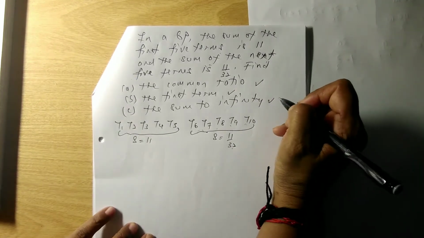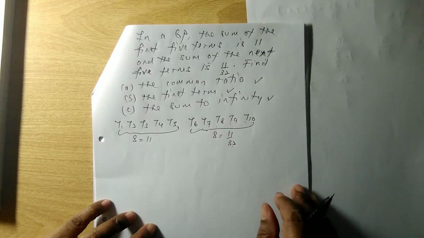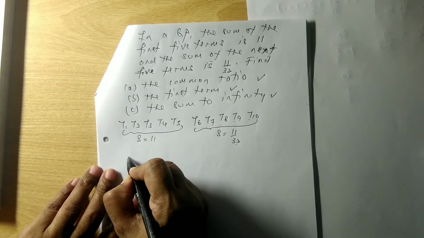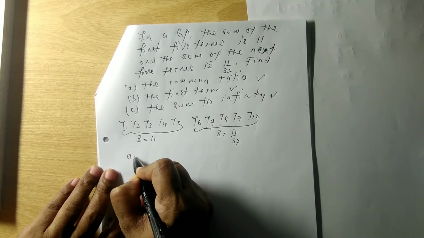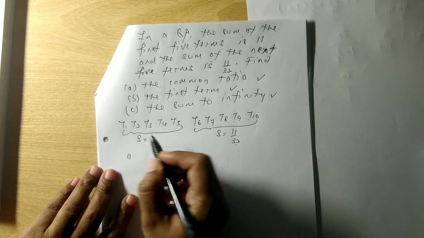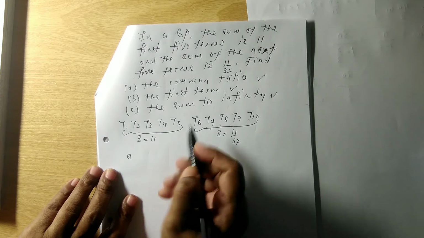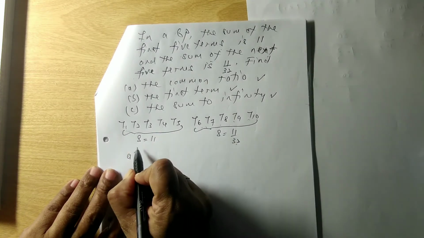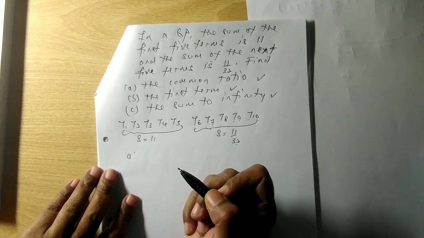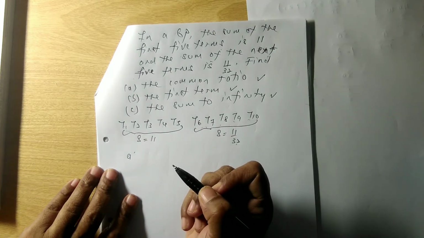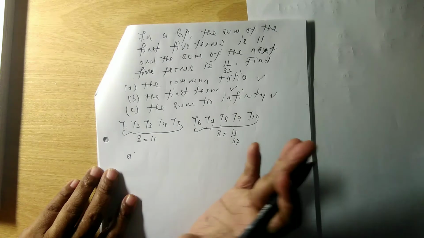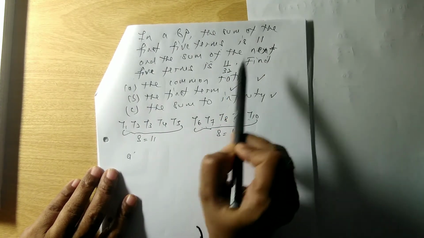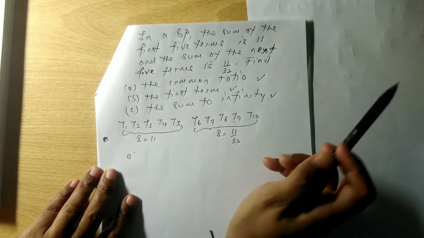So what I'm going to do is get my first term, A. This one is AR. In this case, we do not know whether my R is going to be greater or less than 1, but since the sum is 11 and then 11/32, it looks like it's decreasing.